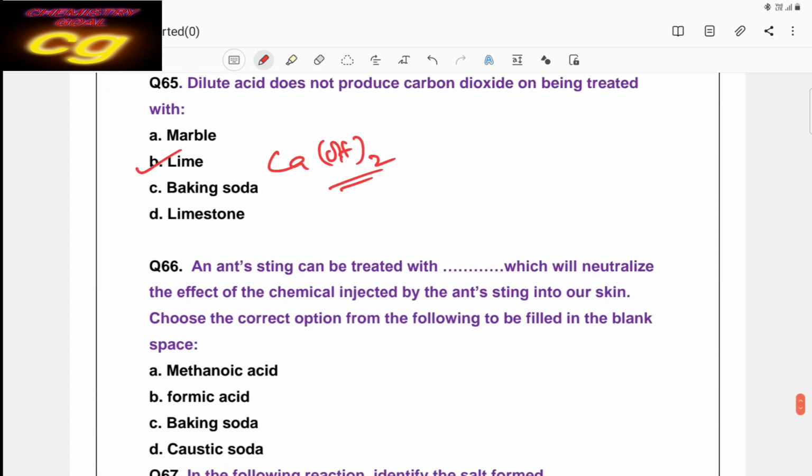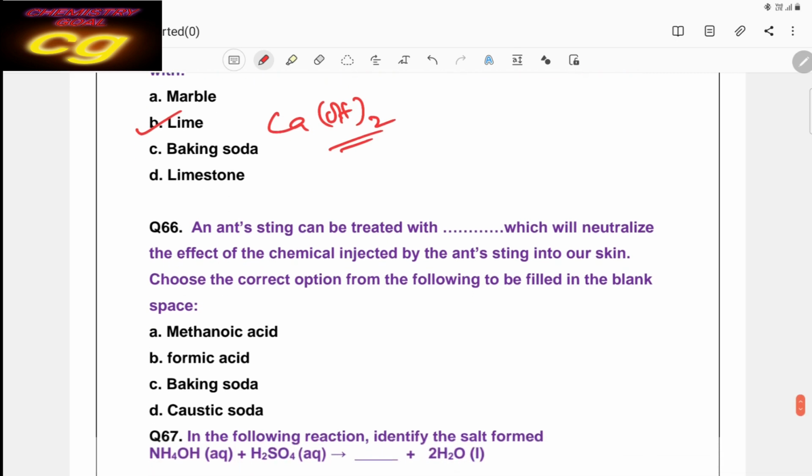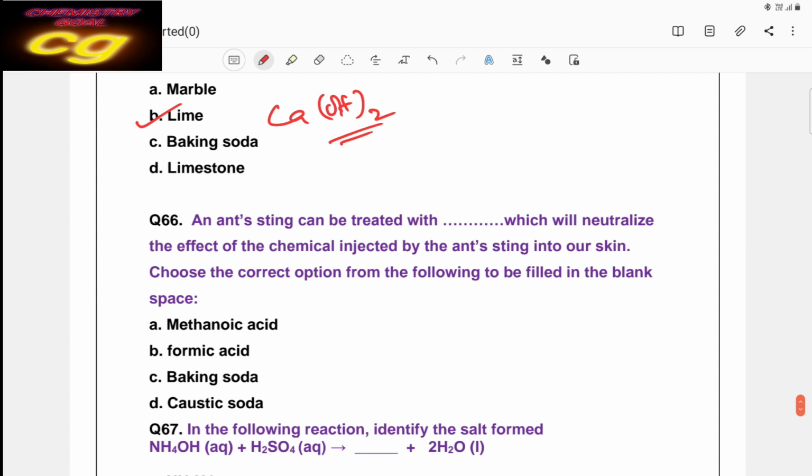An ant sting can be treated with a dash of which substance, which will neutralize the effect of the chemical injected by the ant into our skin? Choose the correct option to fill in the blank. An ant sting mainly contains methanoic acid, so it is acidic in character and reacts with a base.